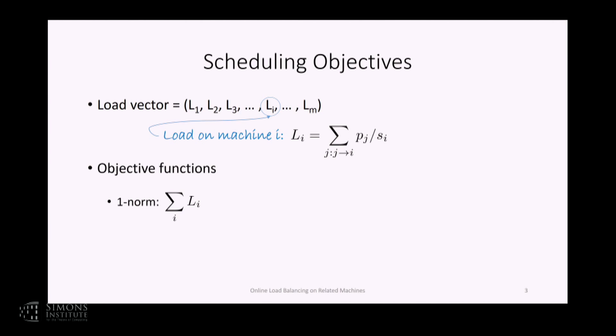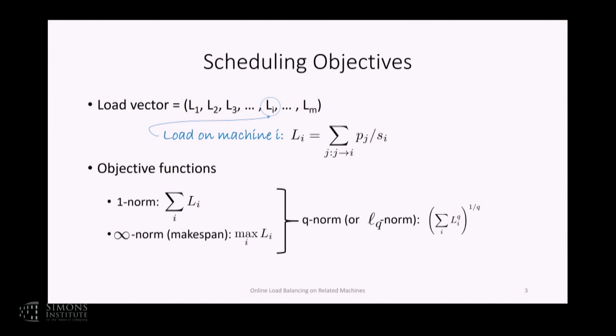Now the bad thing about this norm, of course, is that it doesn't do any kind of load balancing. Right? I have a lot of machines. I'm just using one of them. So one could go the other extreme, and one could try to optimize the makespan, which is the infinity norm of the load, or I want to simply optimize the maximum load. And in general, one would want to achieve some balance between these two kinds of objectives, one that optimizes the total amount of processing, the other that optimizes the maximum processing on a single machine.